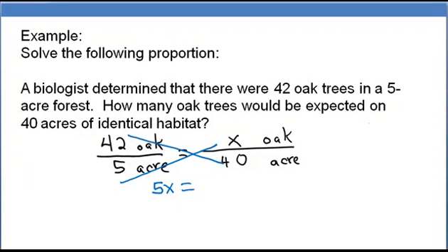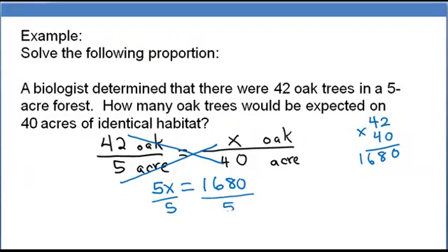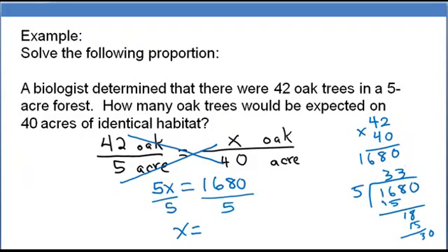And 42 times 40 we can do on the side. 1680. And then we need to divide by 5. So X equals, and we'll divide by 5 on the side. 336.